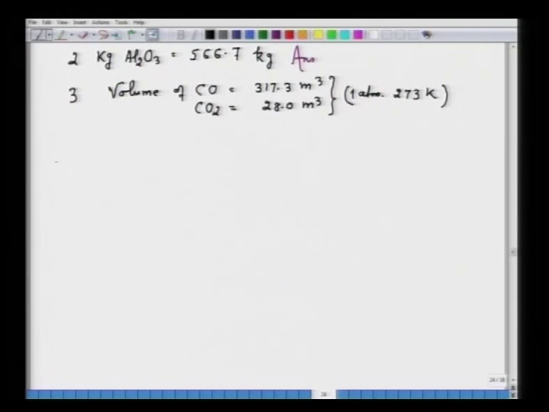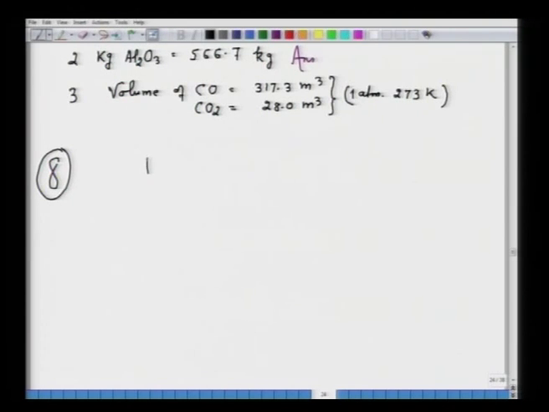Now, let us take question number 8. Again, if you follow the way the question is there and the conditions under which zinc is produced, I will give you a brief solution.